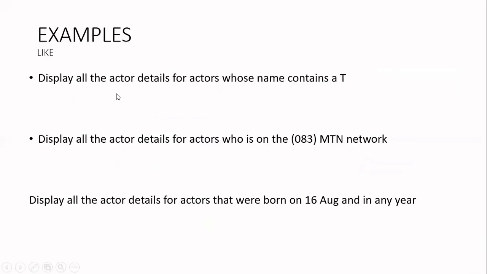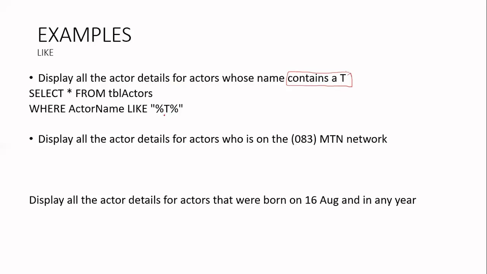More examples: display all actor details for actors whose name contains a T. So we are not interested in whether it starts with a T, ends with a T, but it could be even in between, but it must contain a T. And the pattern that we are looking for is having a T, anything before, anything after.